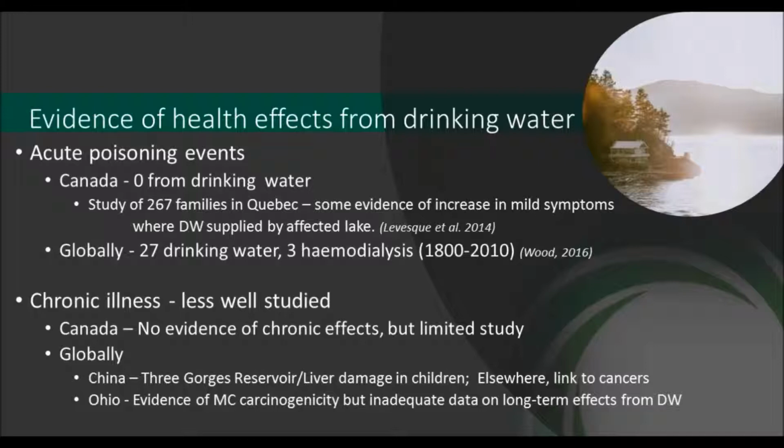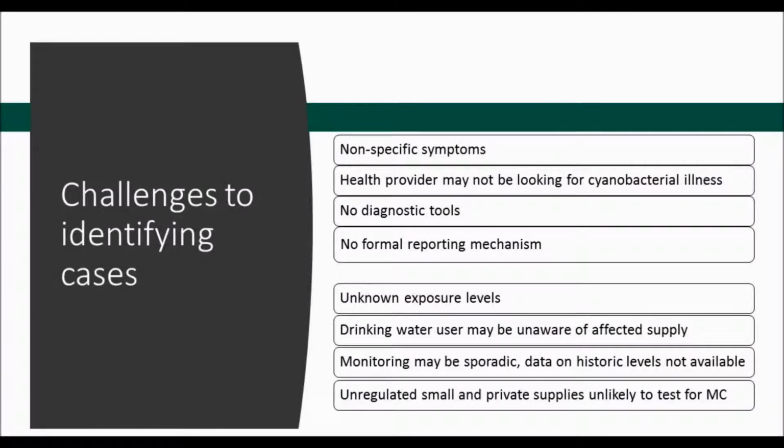In China, there's some evidence of carcinogenic effects as well as liver damage in children supplied by contaminated water. And in Ohio, there was also a study of microcystin carcinogenic effects, but there is inadequate data and long-term studies for us to make any definite conclusions.